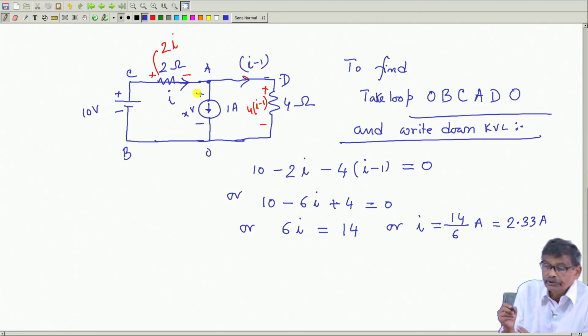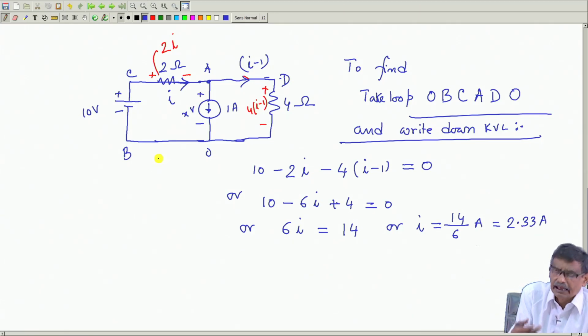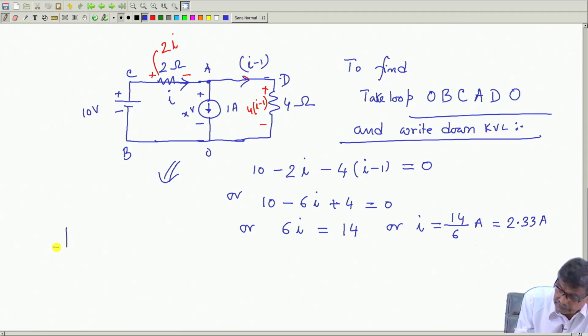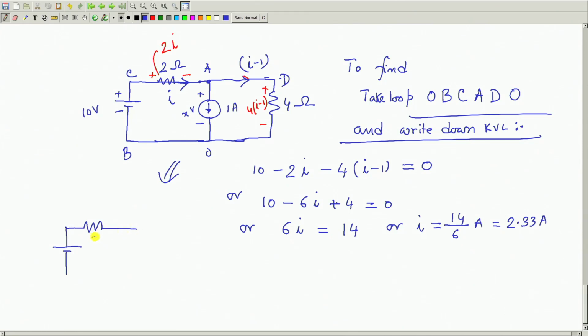Then what I will do is redraw the circuit, although it will not be necessary as you become more familiar with the system, but to begin with, it is always better after you have solved the circuit, redraw the circuit like this. Here was the current source, 1 ampere, and here is another resistance, 4 ohm.